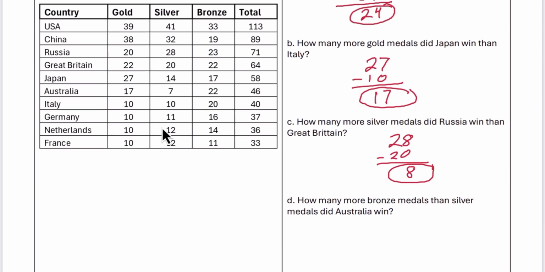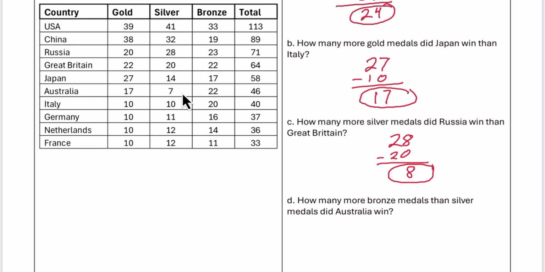And finally, how many more bronze medals than silver did Australia win? This time we're focusing on Australia, and we're comparing bronze and silver. So Australia had 22 bronze and 7 silver. Let's subtract those. 22 minus 7.